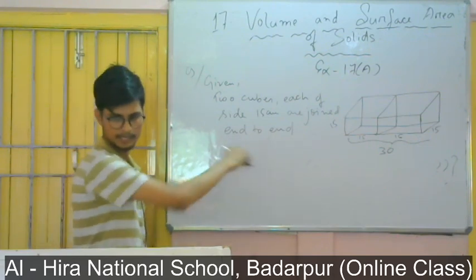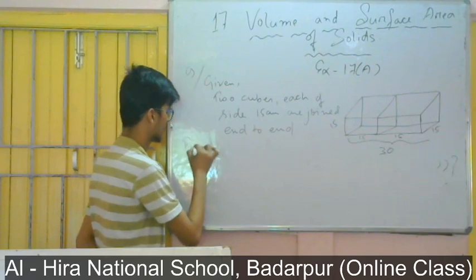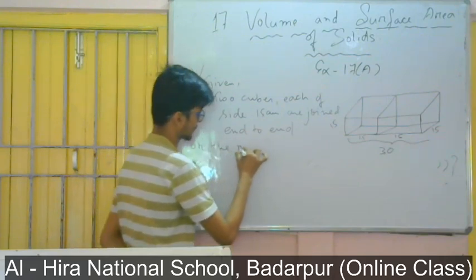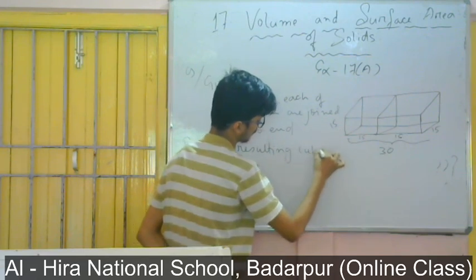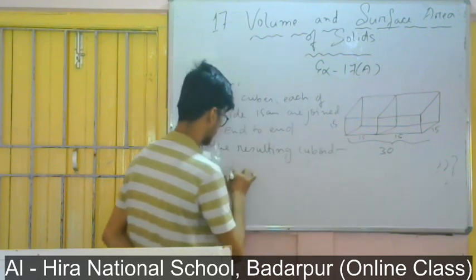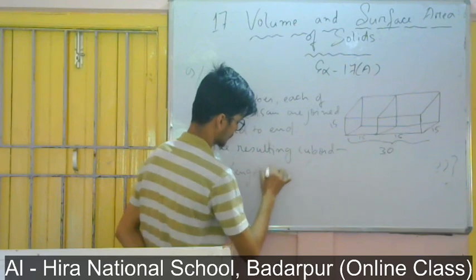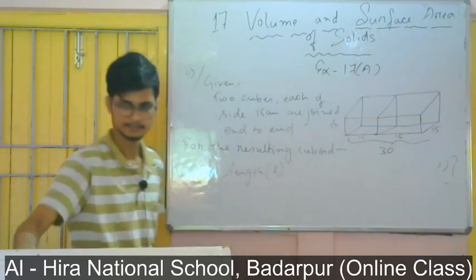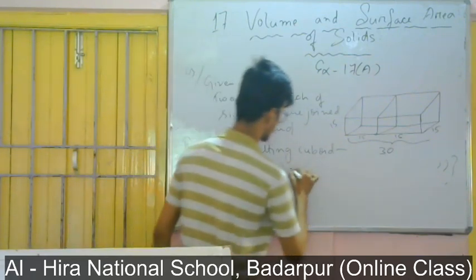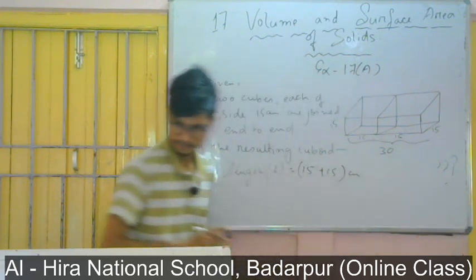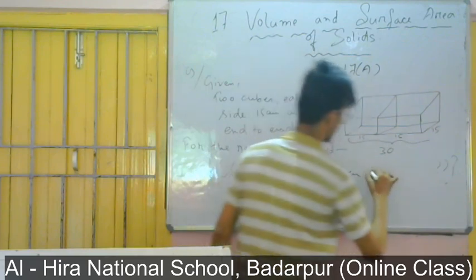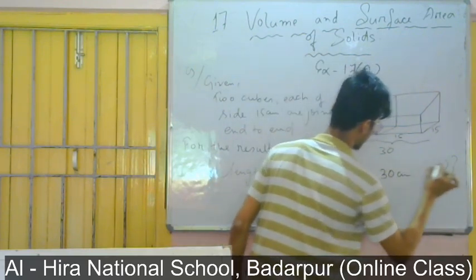So now you can easily find, for the resulting cuboid, length L will be equals to 15 plus 15 centimeter, that means which will be equals to 30 centimeter.